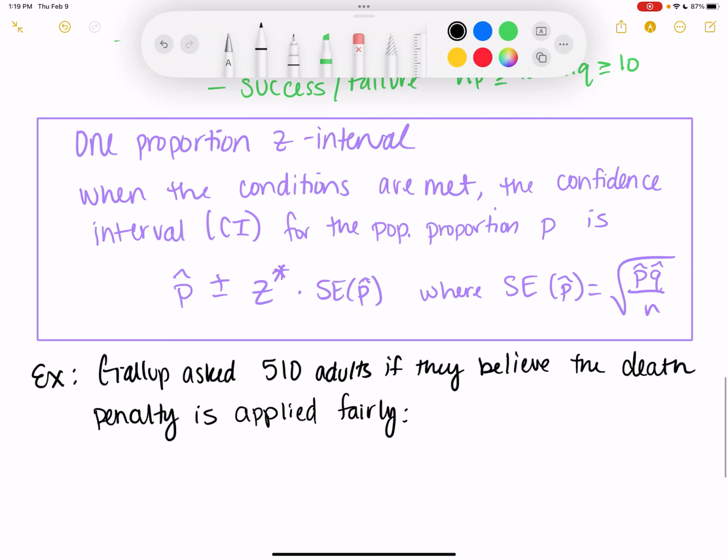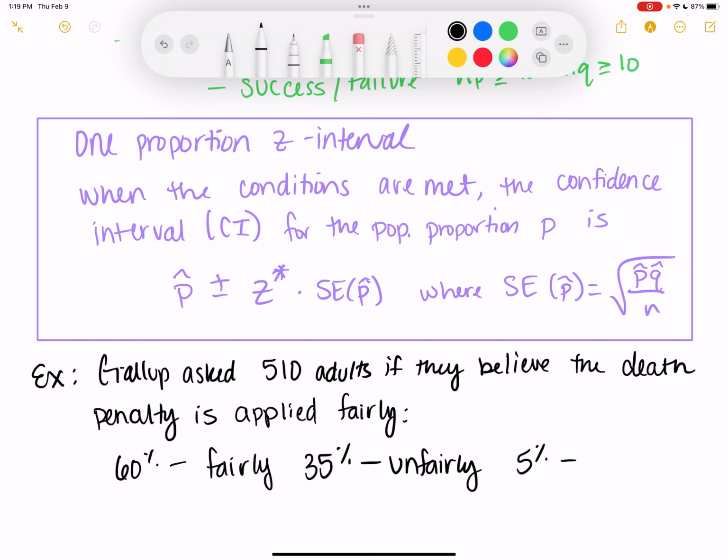And the results were that 60% said it was applied fairly, 35% said unfairly, and 5% said don't know.